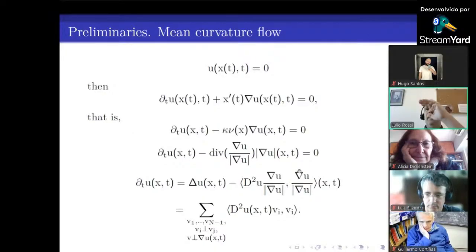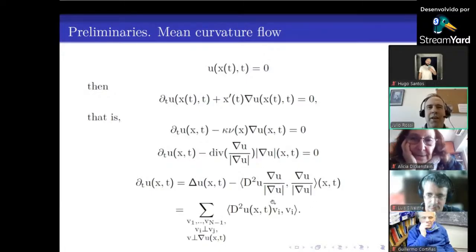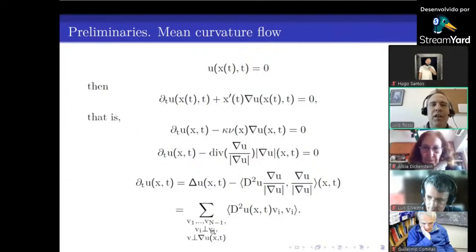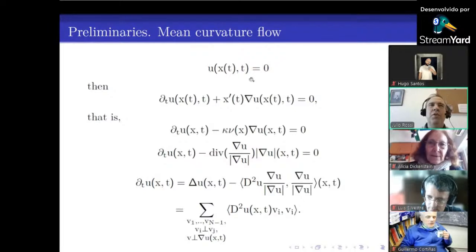So what you're looking at on your surface is a combination of the second derivatives, the Laplacian in fact, but only in the tangential directions, because you are subtracting the second derivative in the normal direction to your surface. So this is what you get at the end: the time derivative of u equals a sum of second derivatives in directions that are orthogonal to the gradient of u(x,t), so only tangential to the surface u(x,t) equals 0.